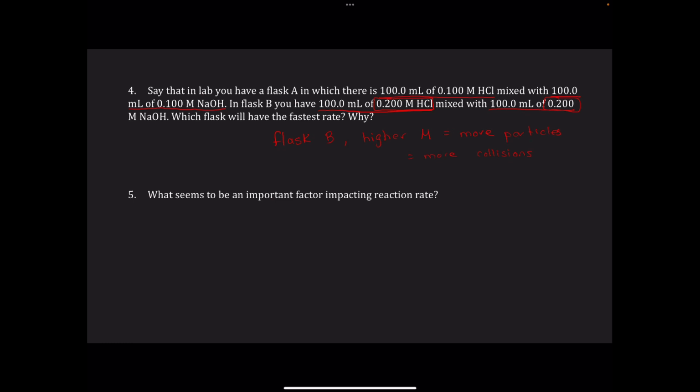In all of these scenarios, if we had more particles, we would have more collisions, and more collisions would mean a faster rate. So an important factor impacting rate is going to be concentration. In fact, concentration will actually be one of the biggest factors impacting our reaction rates.